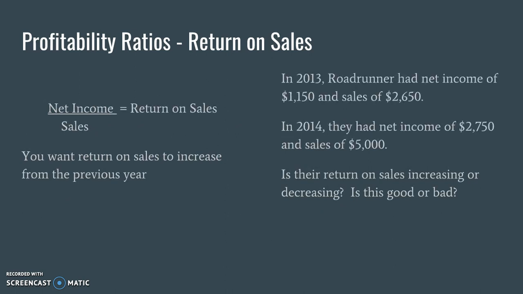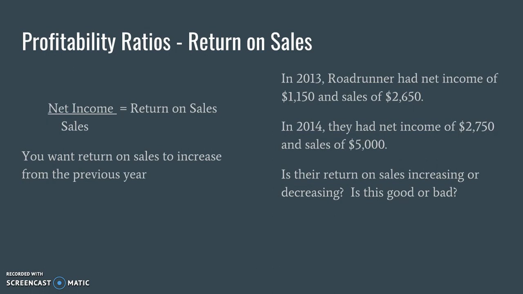Other reasons that these profitability ratios are useful is if we do have a return on sales that is increased from the previous year, this is what that might look like. So for example, in 2013, Roadrunner had a net income of $11.50 and sales of $26.50.